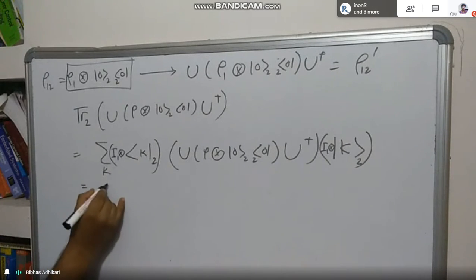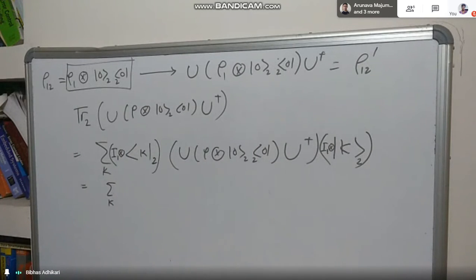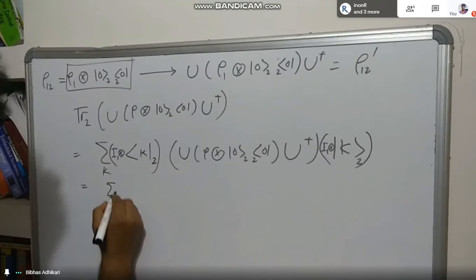So this then could be equal to K. What will be the next step? For that, you can use many tricks. But if you want to write this, then what possibly can you write? You can possibly write this as this one.